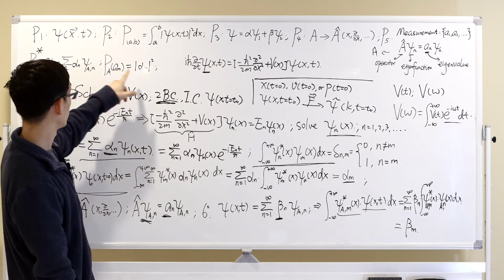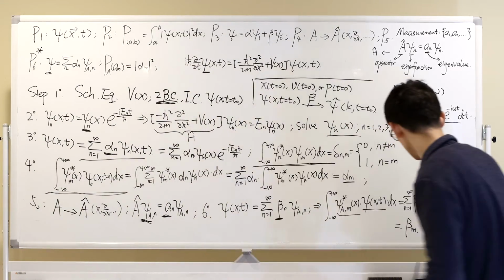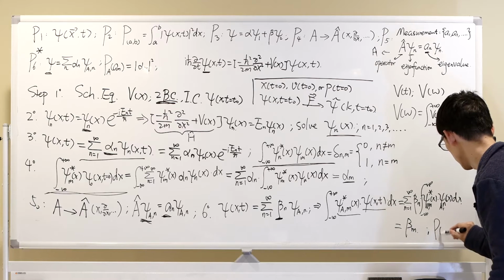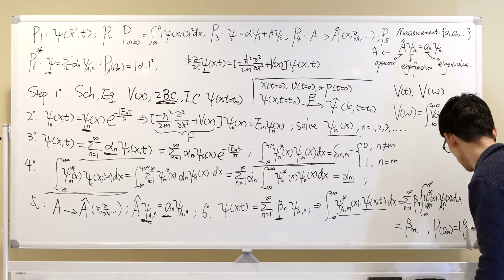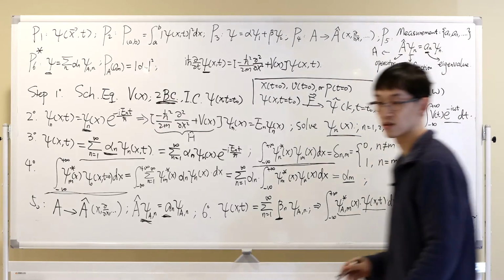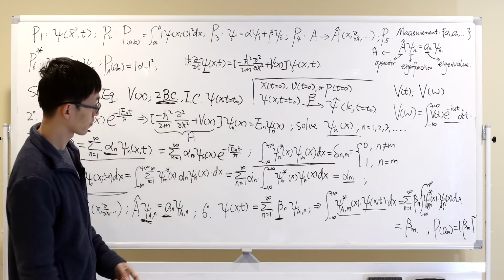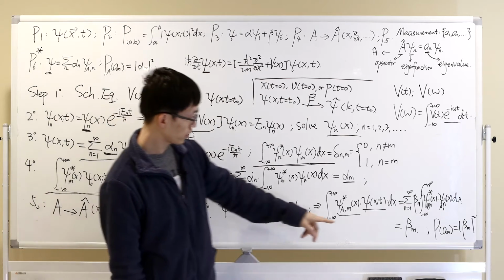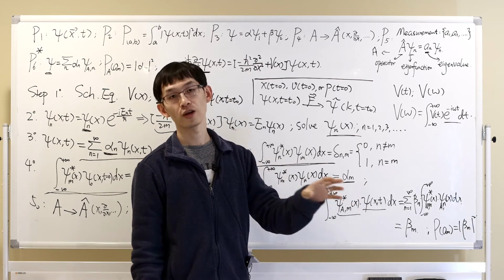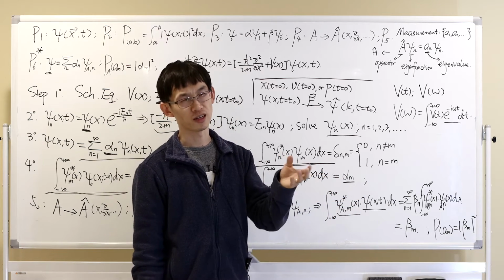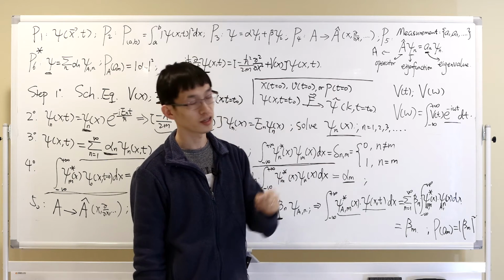Then you apply postulate 6, and you can get the probability of the measurement result as a m is beta m amplitude squared. This is just directly using postulate 6. And one thing we have to pay attention to here is that usually when you measure something, the measurement result depends on when you measure it, right? Because the system is evolving with time, it's not steady.